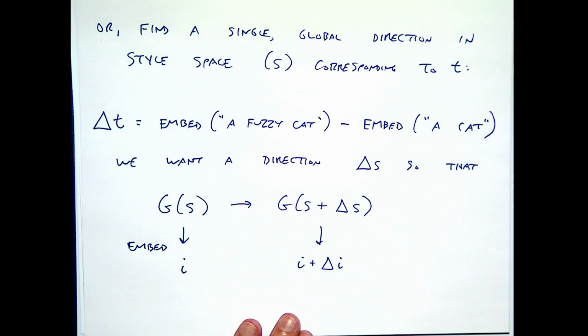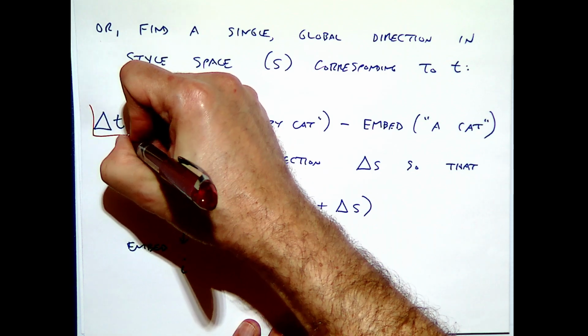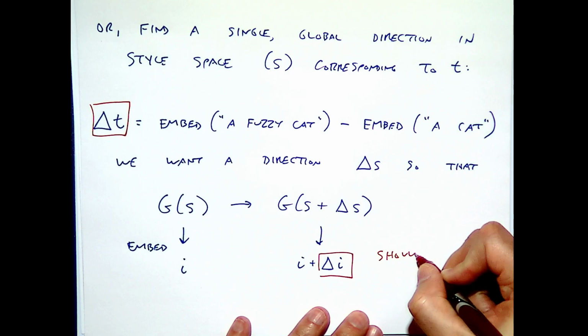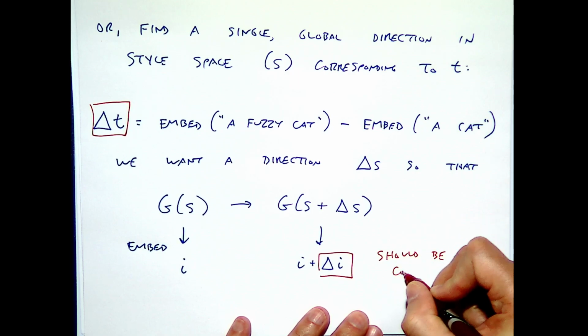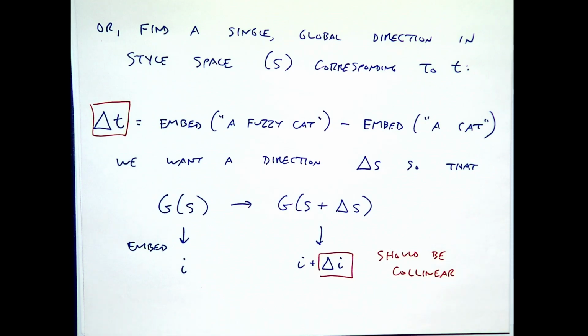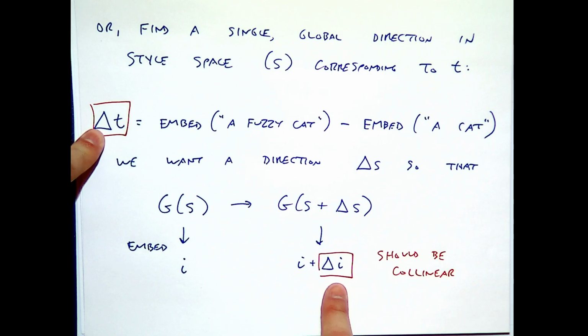What I want is that this direction and this direction should be collinear, in the same direction. And so basically I want to find a good direction delta S such that these two things are lined up in embedding space.